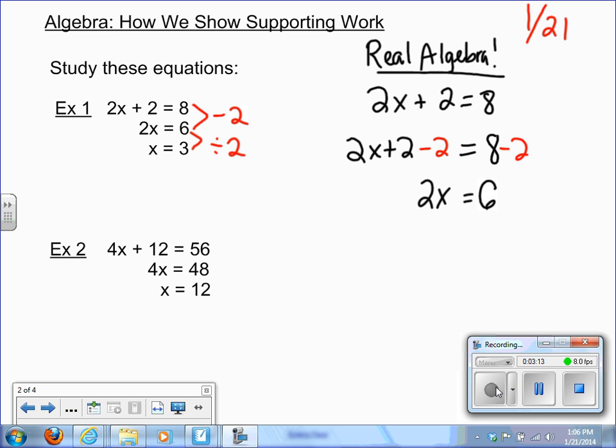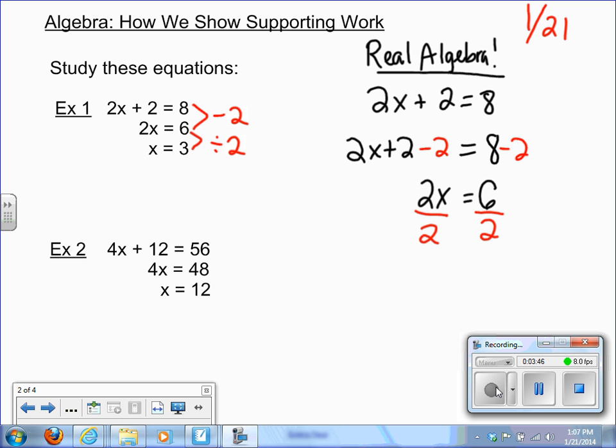All right? Then you can see our next step is divide by 2. And in algebra, we show it on both sides because we've got to keep the scale balanced. Okay? So, how do we show division in algebra? We've been talking about this year. Marissa? You put it over like on a fraction. Like a fraction. Okay? So if I'm going to divide both sides by 2, this is how we show it in algebra. Okay?